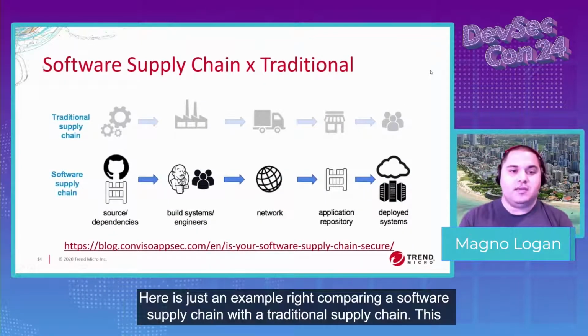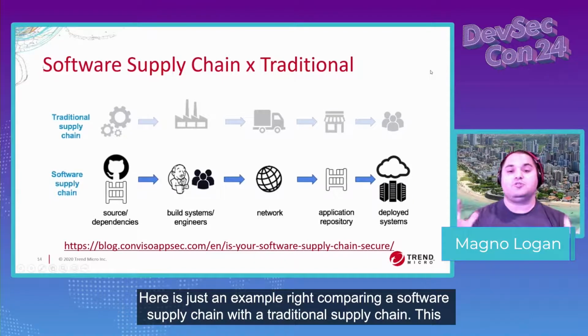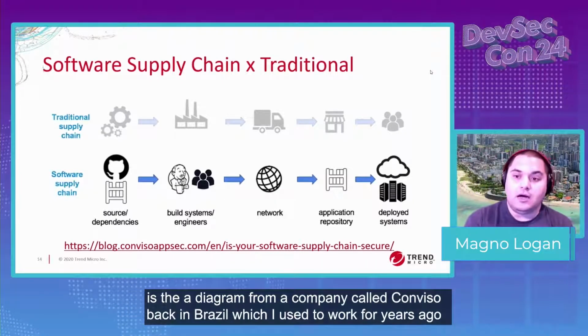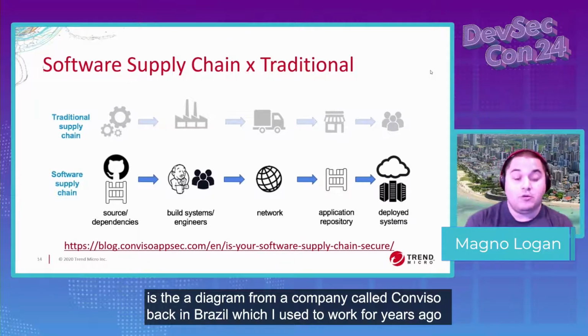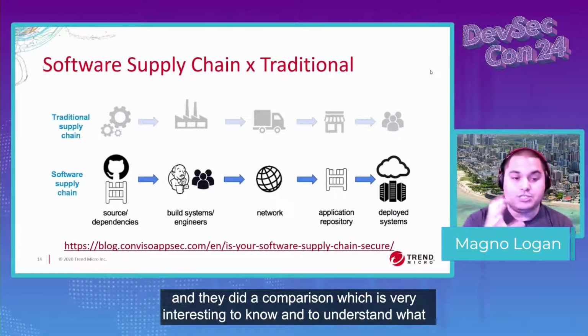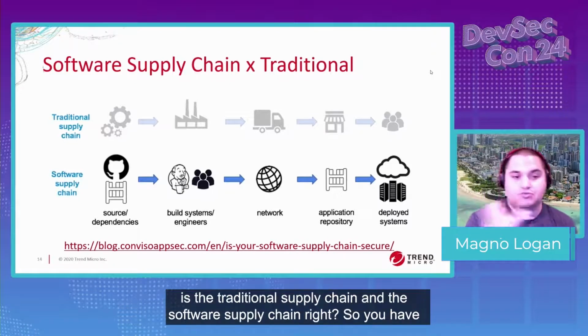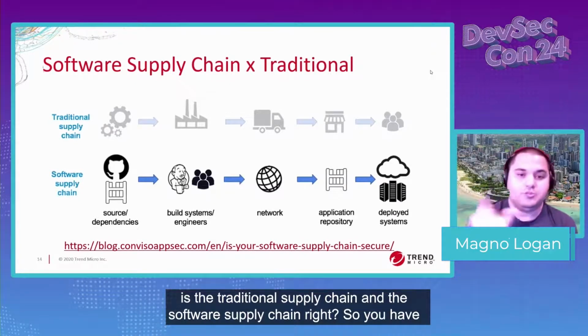Here is just an example, right? Comparing a software supply chain with a traditional supply chain. This is a diagram from a company called Conviso back in Brazil, which I used to work for years ago. And they did a comparison, which is very interesting to understand what the traditional supply chain and the software supply chain are, right?